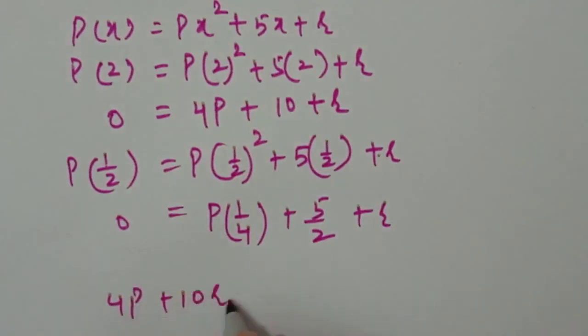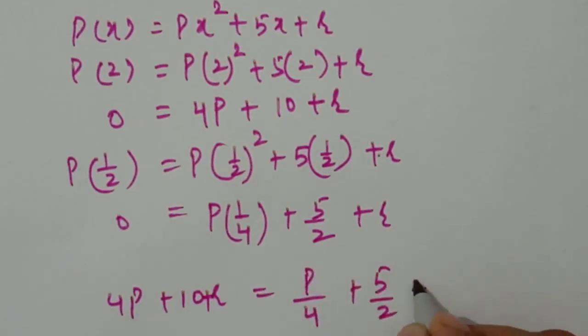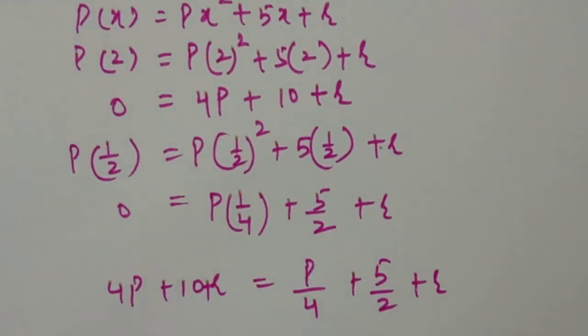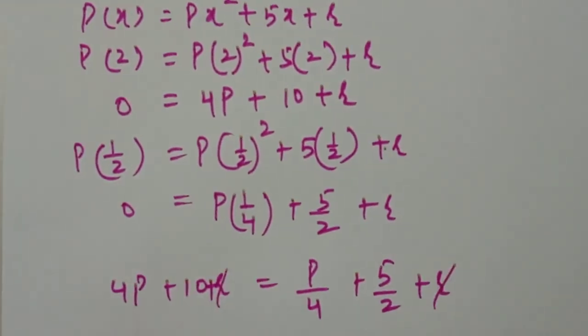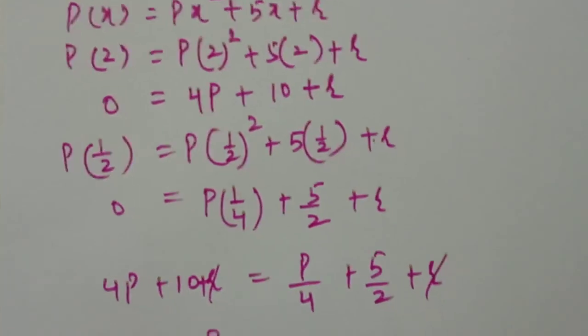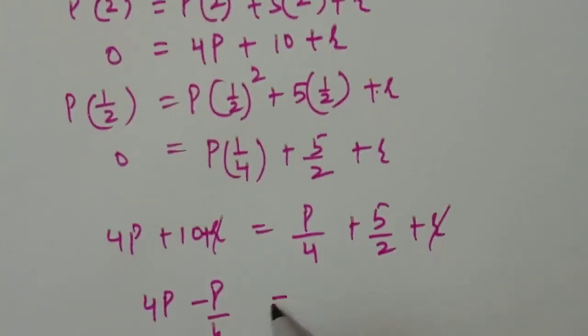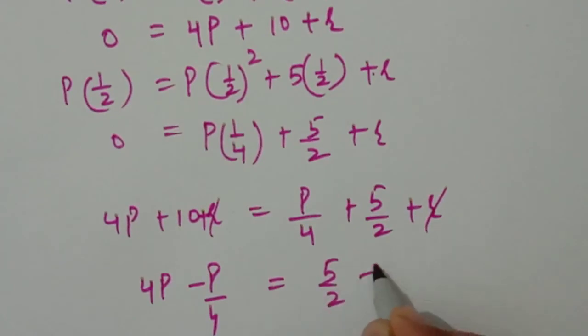4p plus 10 plus r is equal to p upon 4 plus 5 upon 2 plus r. First of all, we will take the LCM on this side and then we will shift the numbers. So students, r is cancelled with r, and now we have 4p minus p upon 4 is equal to 5 upon 2 minus 10.